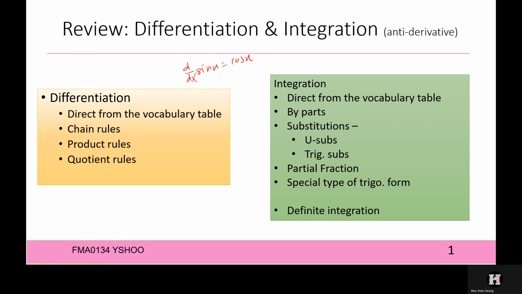I call it a vocabulary table because this is the thing that should be in your mind. Then you have three others: chain rule, then product, and then the last one is quotient.